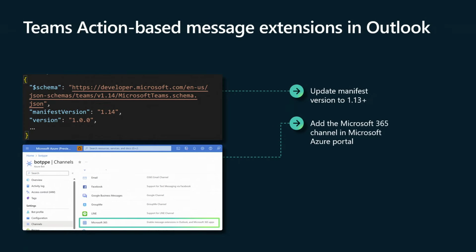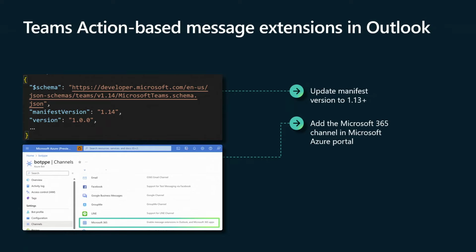As we saw in this demo, Priority Matrix is enabling its users to create a task right from their inbox by inserting a beautiful card by leveraging action-based message extensions. If you already built an action-based message extension for Teams, you can bring it to Outlook with a few simple configuration changes.